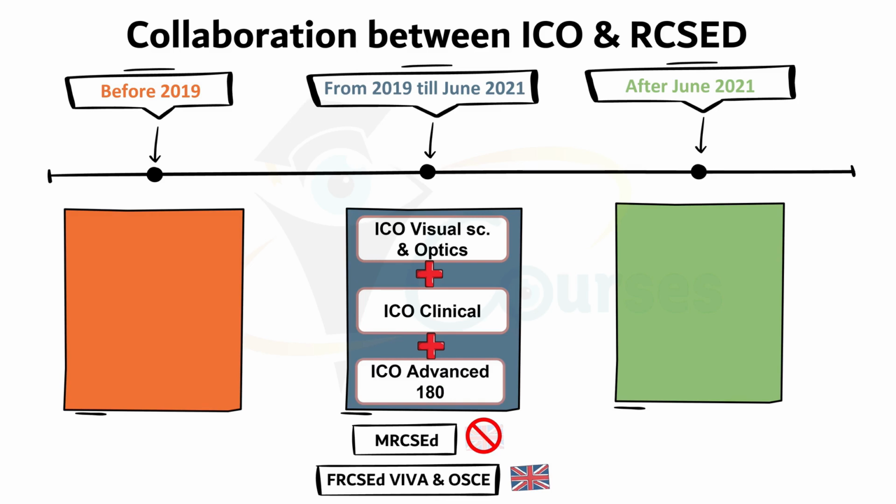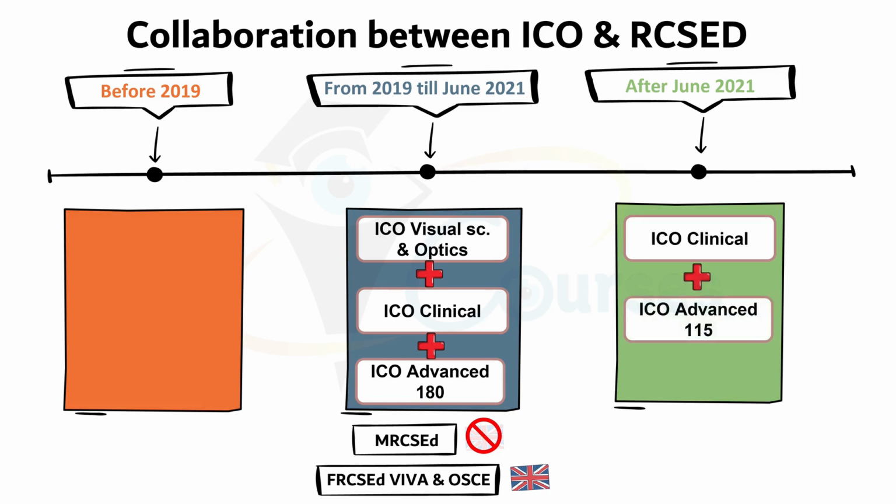And if you cleared this exam, you will be eligible for GMC registration. However, if you didn't complete all exams in the era between 2019 and June 2021, and you still have some exams left to do after June 2021, so if you have ICO Clinical left or the Advanced 115 left, there is no more Advanced 180 after June 2021.